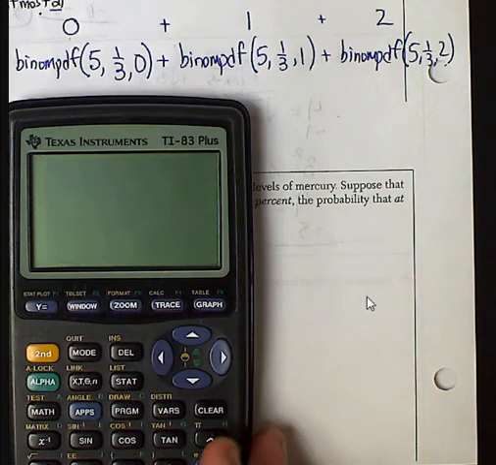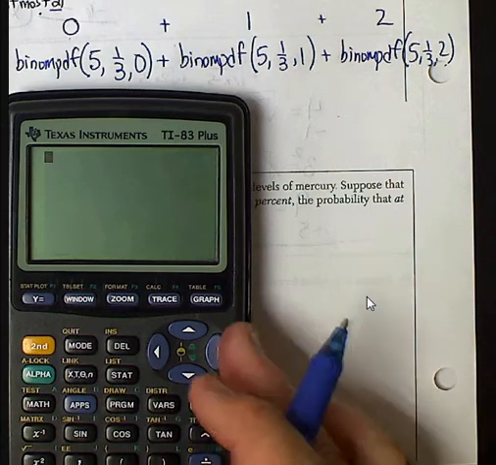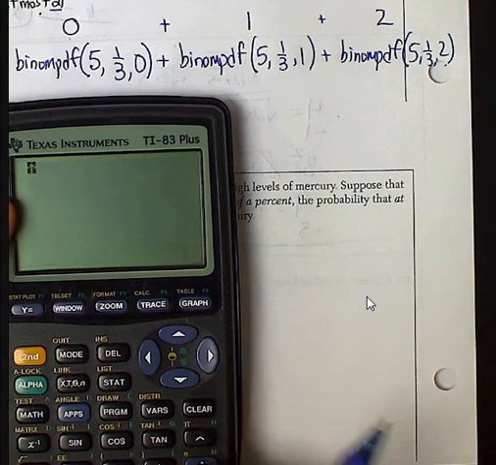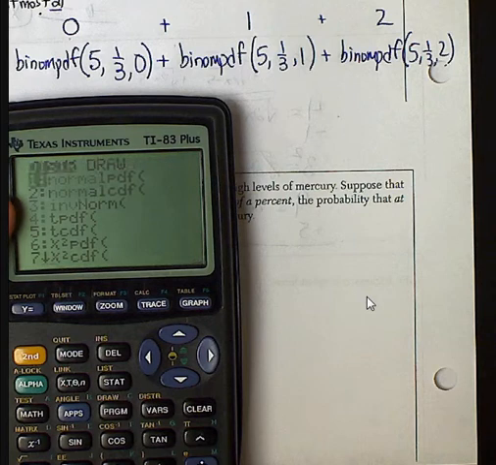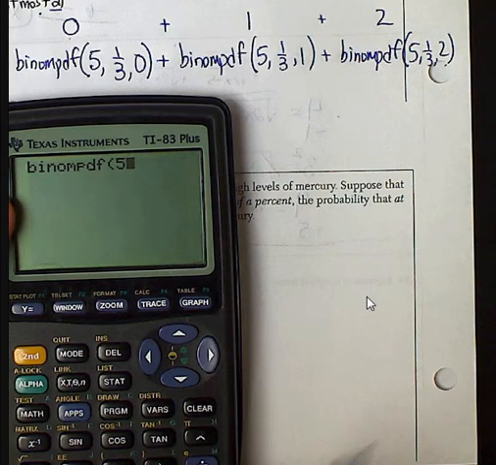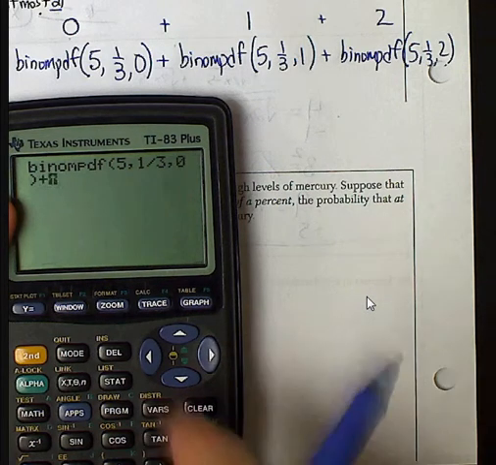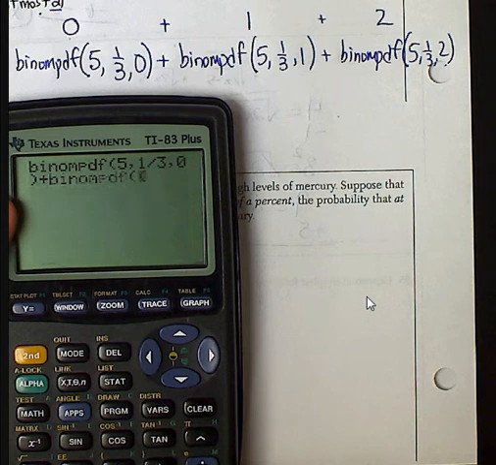Okay, plugging this in. Remember, binomial PDF is going to be vars. So second, vars. Oops, wrong button. Second, vars. It's at 0. So 5, comma 1/3, comma 0, plus second, vars 0 is your binomial PDF.